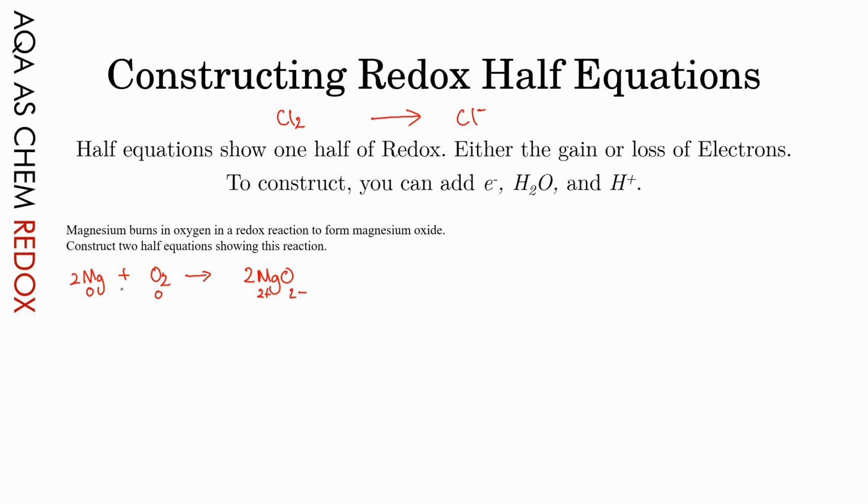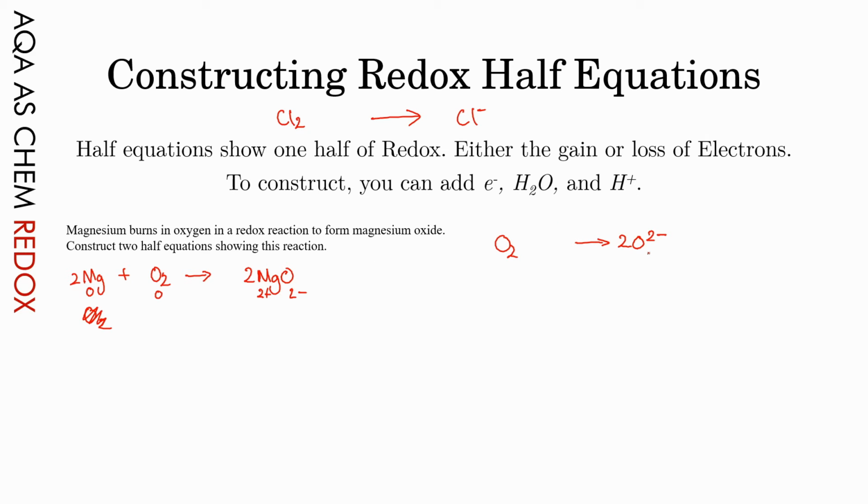So if you want the half equations for this, oxygen is reduced because the oxidation number goes down, it gains electrons. So O2 goes to 2O2-, because if it was taken out, it would be a 2-, right?